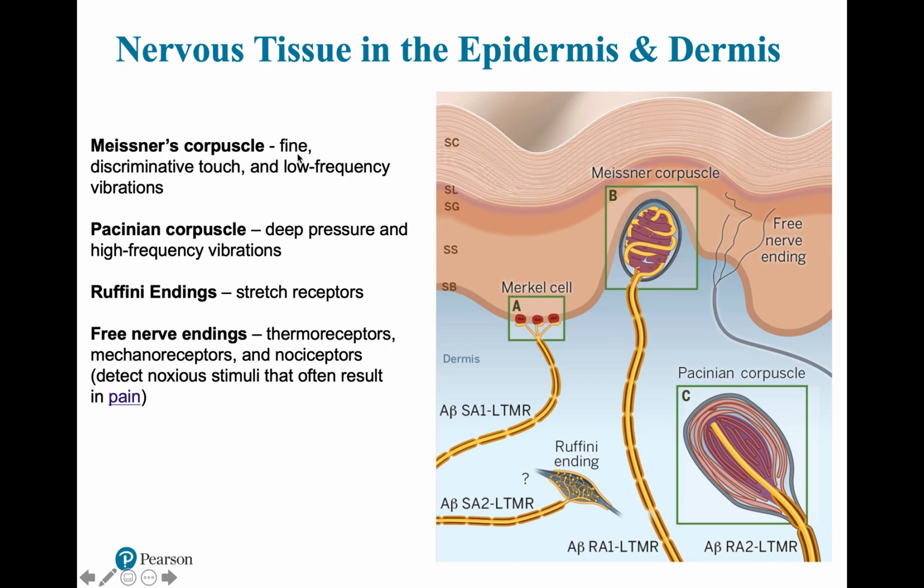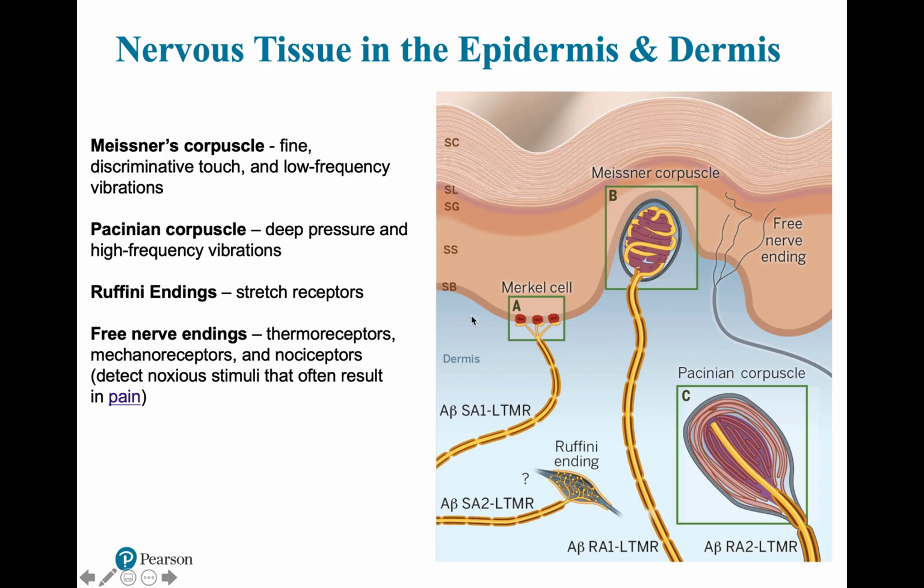Meissner's corpuscles are going to help detect fine touch, discriminative touch, so distinguishing shapes and textures, as well as very low frequency vibrations. It makes sense that it would be a fine touch receptor and low frequency vibrations because these are located more superficially in the papillary layer of the dermis.